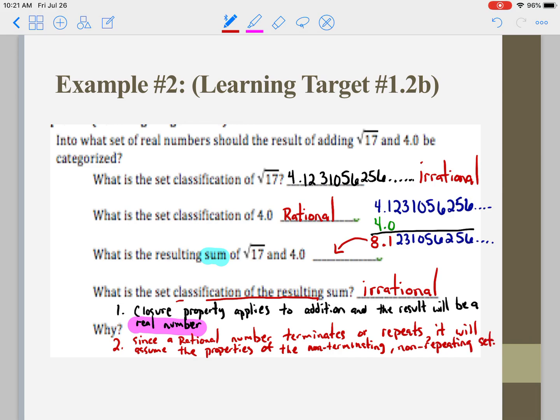And in this case, the non-terminating, non-repeating set is an irrational number.